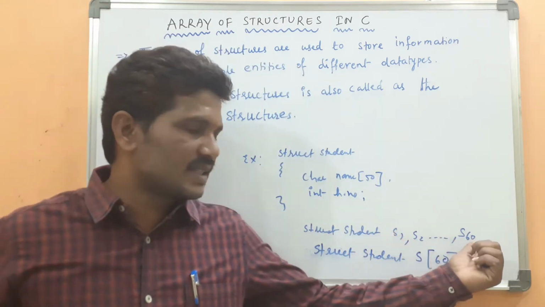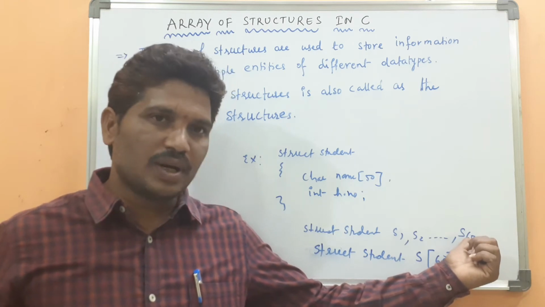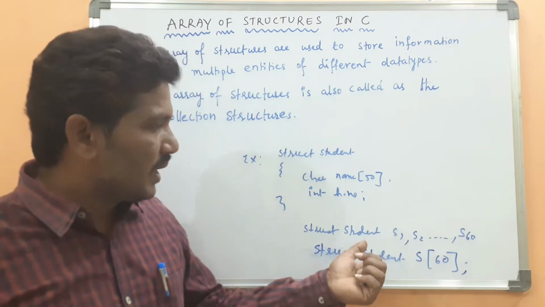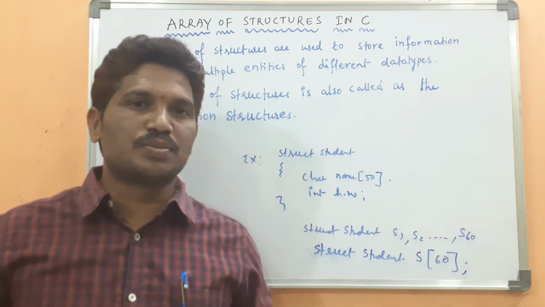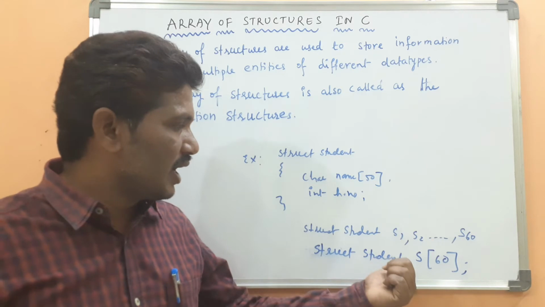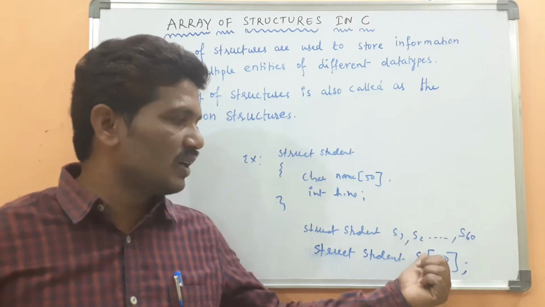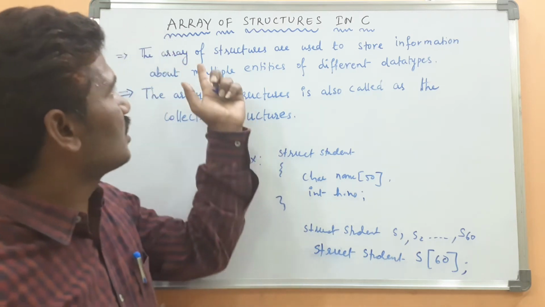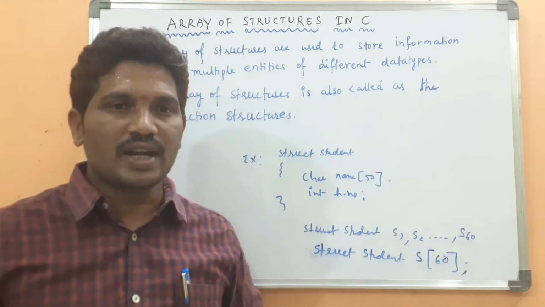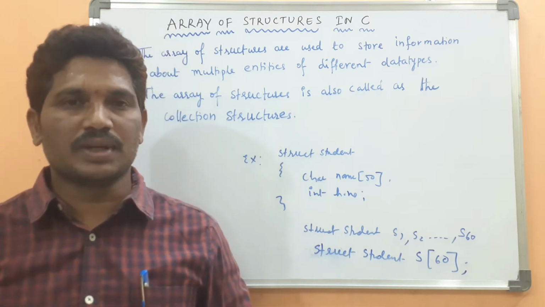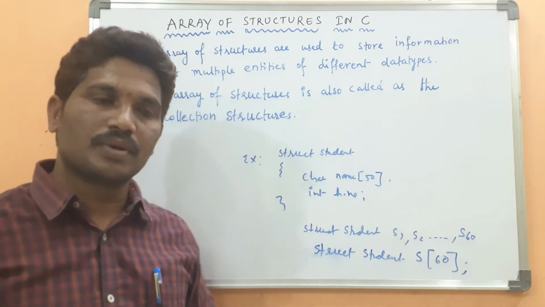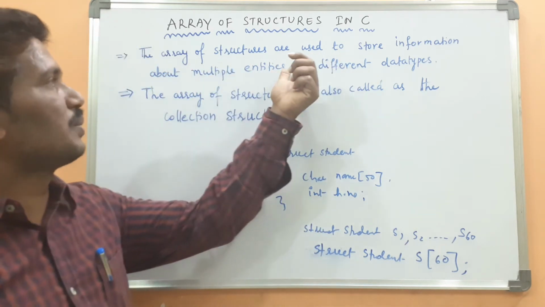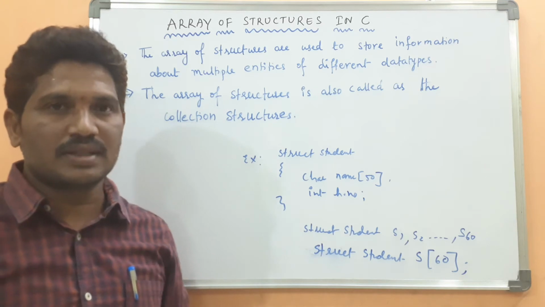Instead of creating 60 structure variables, where each structure variable can hold the information about one student, we can create only one structure variable with the help of an array. That is the concept of array of structure in C programming. It is a very important concept. The array of structures is used to store the information about multiple entities of different data types.